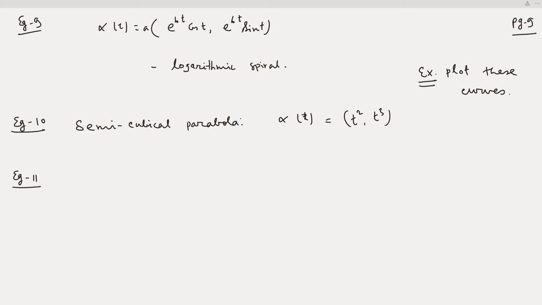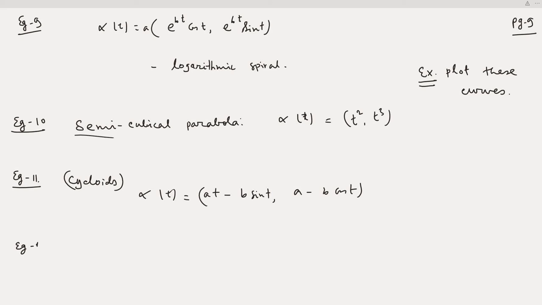Okay, and the next example is the cycloid. Alpha of t is equal to (a t minus b sine t, a minus b cos t). So this is the cycloid.